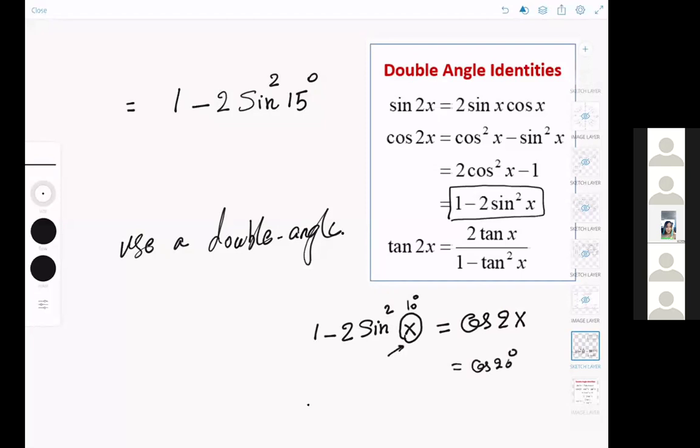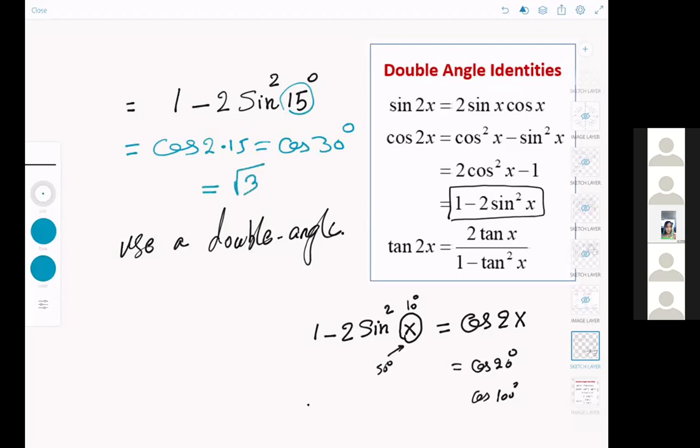If this is 50 degrees, this will be cosine of 100 degrees. So we have 15 degrees, correct? So this is the same as cosine of 2 times 15 degrees, which is cosine of 30 degrees. And cosine of 30 is radical 3 over 2.